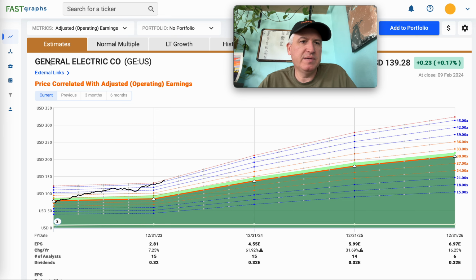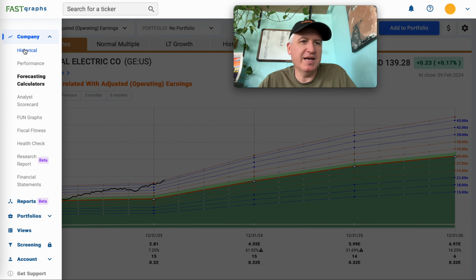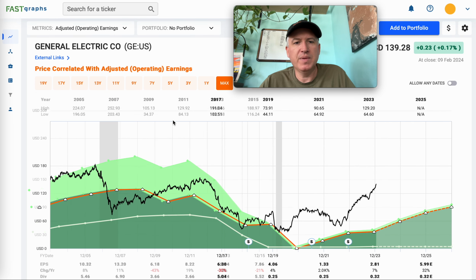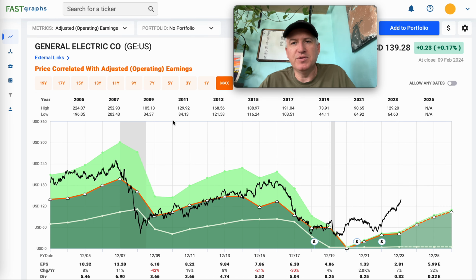So I would say there's 2 lessons from General Electric, at least. 1, maybe 3. First one, watch the revenue, the 3-year revenue number. Second one, be very careful about investing in turnarounds. They can even look good for a while. We had 1, 2, I would even call this a third false start before we get to where we are now.